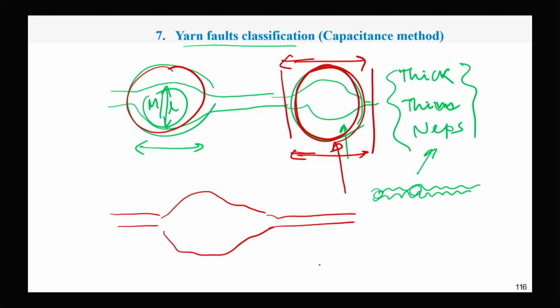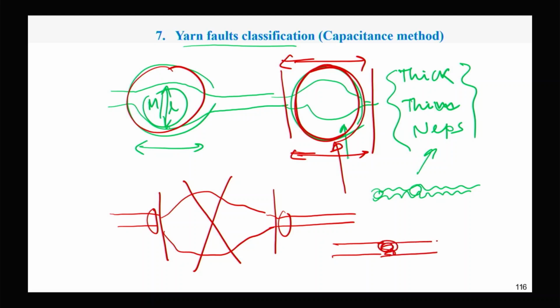What we do, we cut out and remove this portion, and then we take the other ends and we join. Somehow we join, and this joining is done by splicing. This is done in the cone winding machine. After spinning, when winding, we remove this objectionable fault.